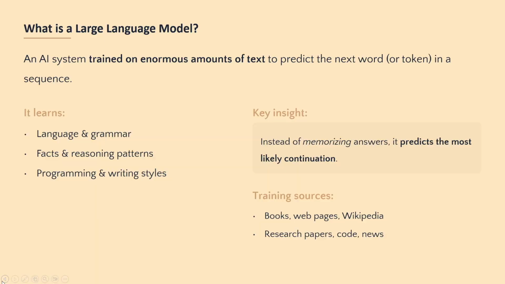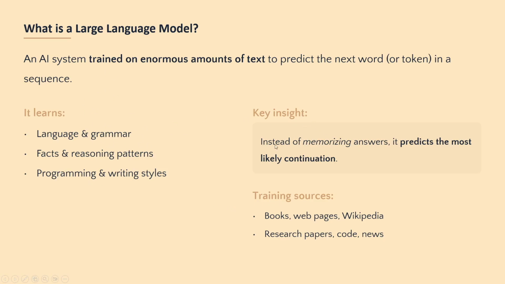The same attention mechanism was in place towards the large language model also to predict the tokens. Now it learns different things like the language and grammar, facts and reasoning patterns, like what we did in the previous session, the chain of thought or tree of thought. And it can also learn different programming or writing styles based on the user.